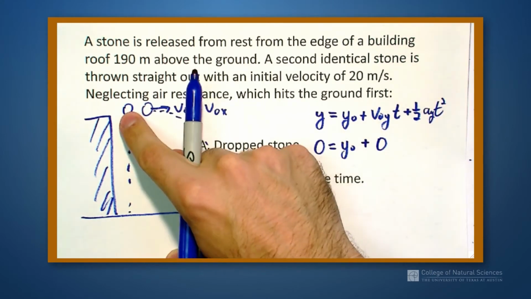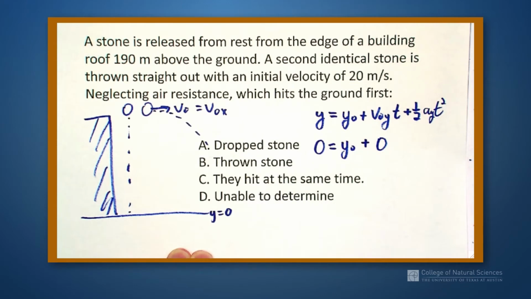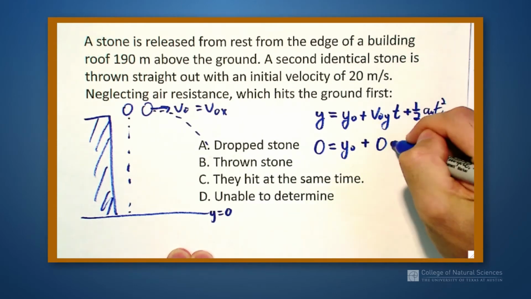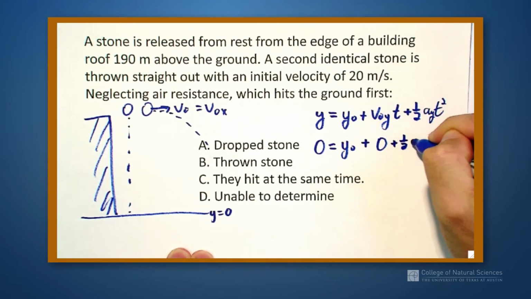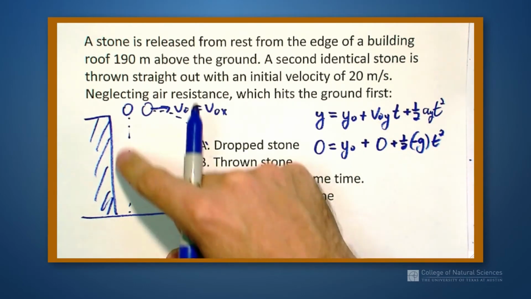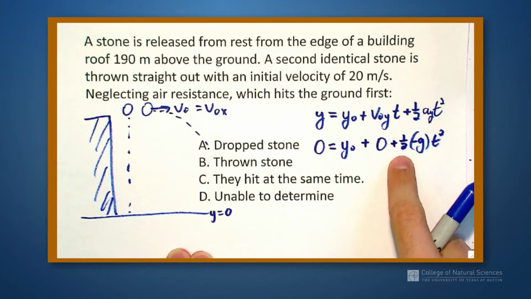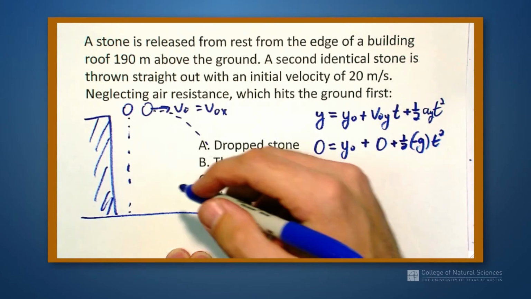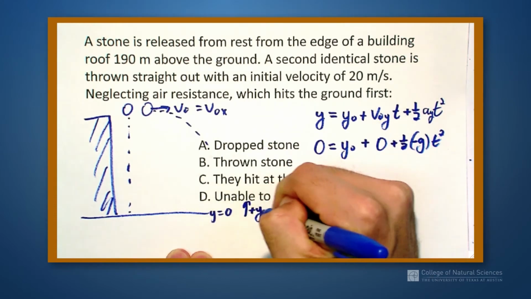I have no initial velocity in the vertical direction, but I do have minus g in the vertical direction for the acceleration. So 1/2 times minus g t squared. And I'm assuming that up is positive y.